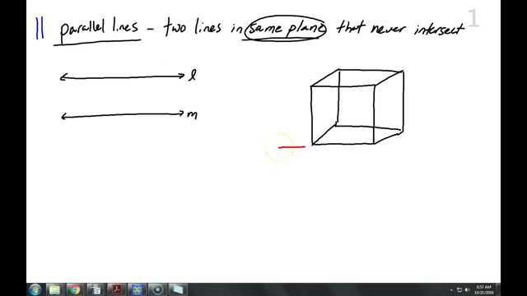If I draw a line through the front edge of this box down here, but then up top I draw another line through this edge of the box, these two lines are also never going to cross. So it's not good enough to just say two lines that never intersect. These two red lines never intersect, but they're in different planes, and we call those skew lines.